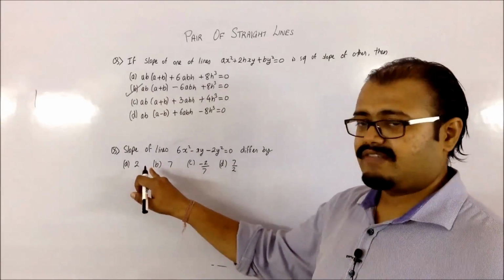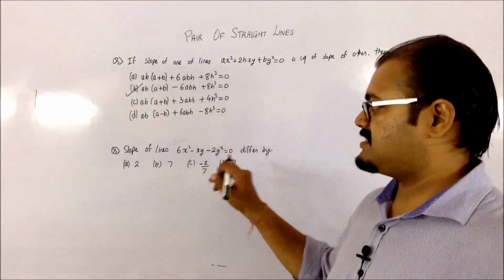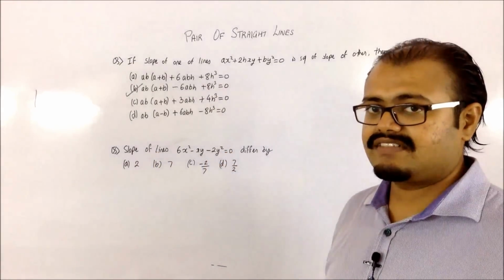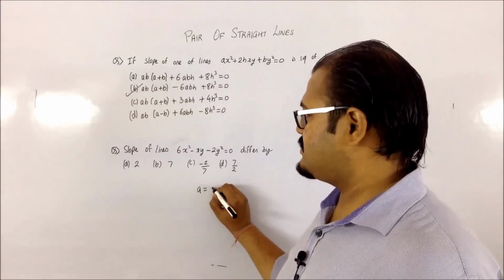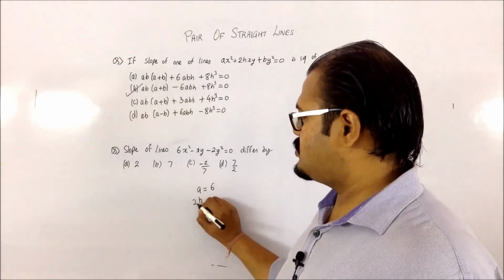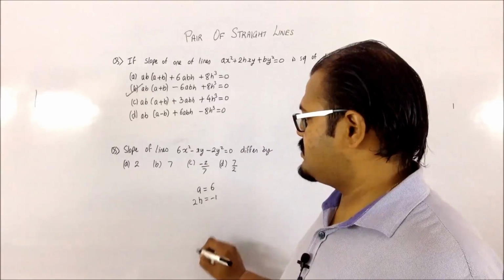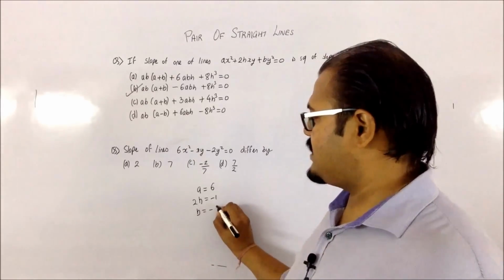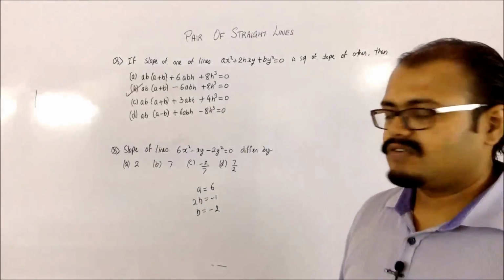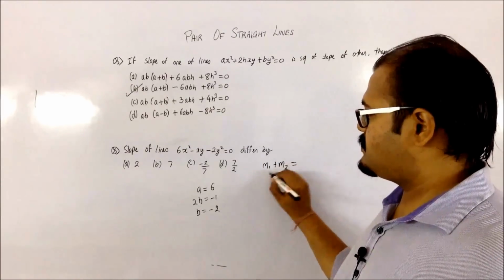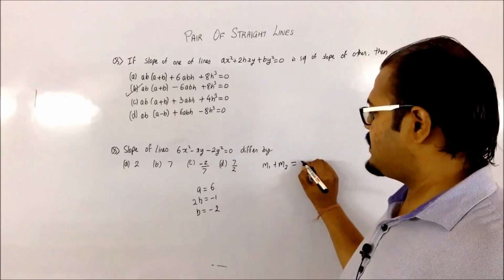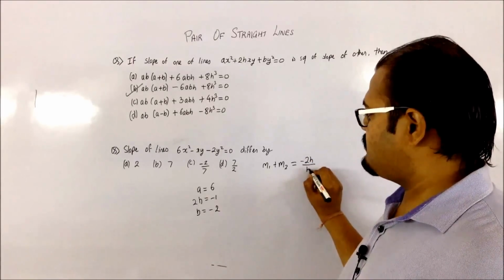So in this question I have to find the difference of the slopes of the lines. So this is the joint equation given to me. If I compare the equation, I will get A is 6, 2h is minus 1 and B is minus 2. So I know that m1 plus m2, that is the sum of slopes, is given by minus 2h by b.